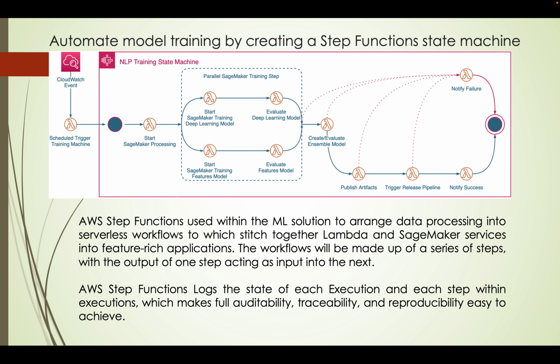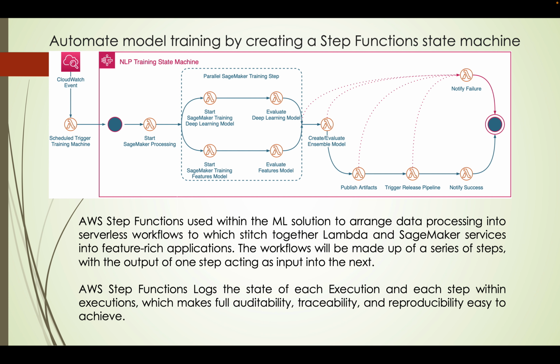And we are taking it and putting it in more visualization. Here we are talking about the natural language processing training state machine. Here Step Functions is used within the ML solution to orchestrate the data processing using a serverless workflow.